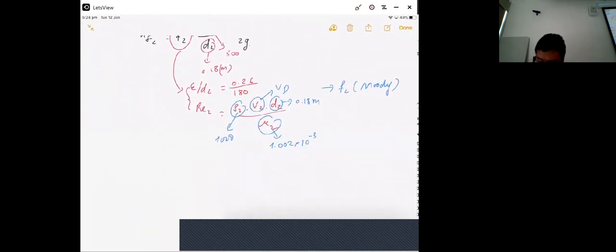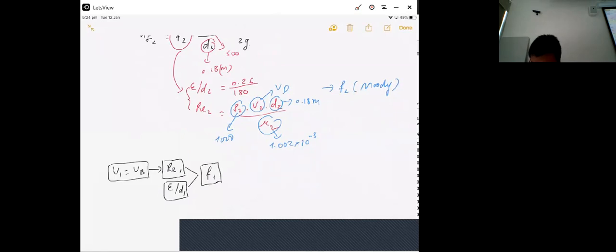The step by step: from V1 equal to VB, you find Reynolds number 1. From Reynolds number 1 and epsilon over D1, you find friction coefficient F1. From F1, you find SF1. From V2 equal to VD, you find Reynolds number 2.